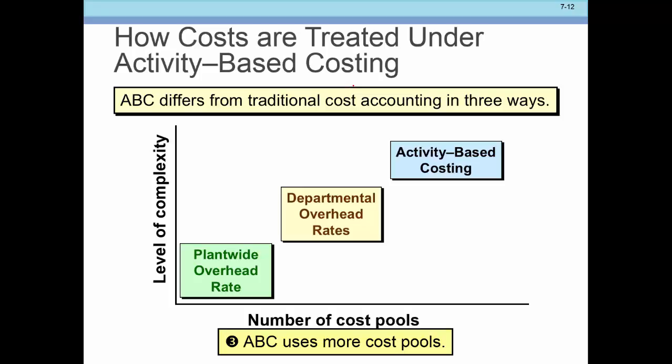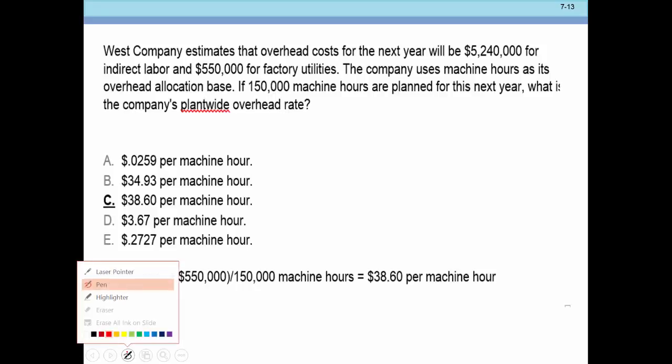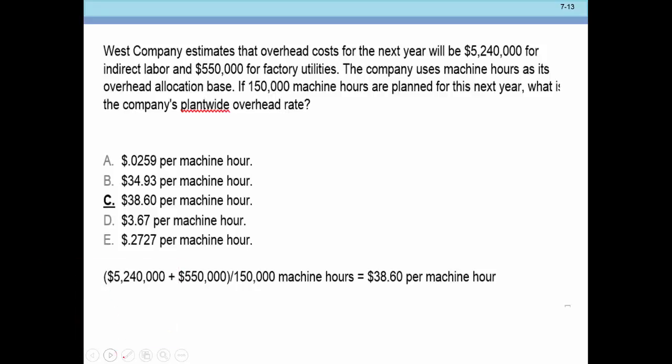Okay, so let's go ahead and take a look at this first question, and this first question is real easy. This is almost more of a review of the other chapter than it is learning. We're not really learning any new material here, but let's review that, and they give us the total cost of what? 5,240. You know, I took this question out of chapter 4.